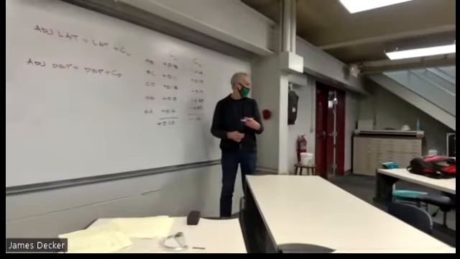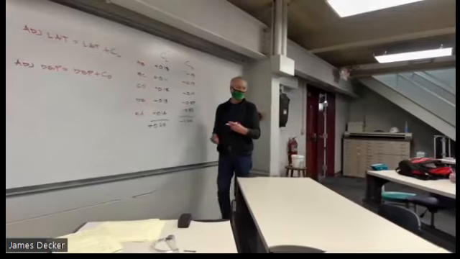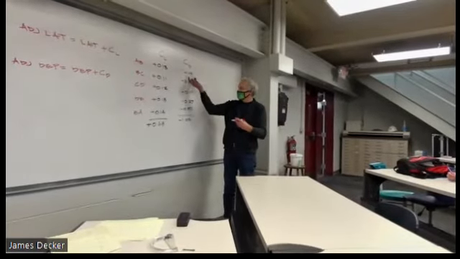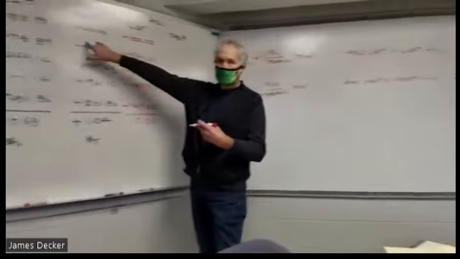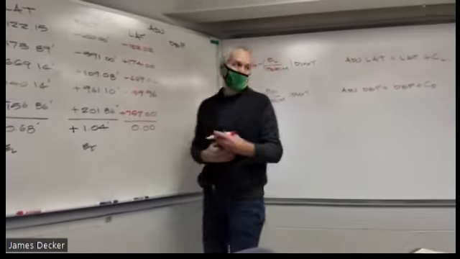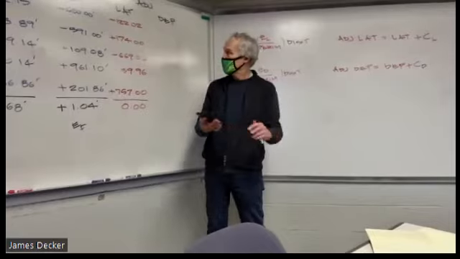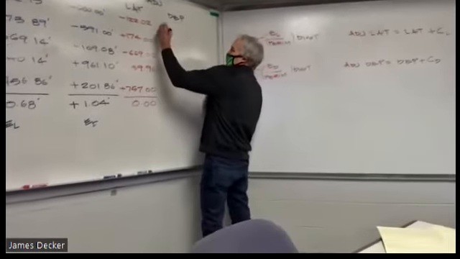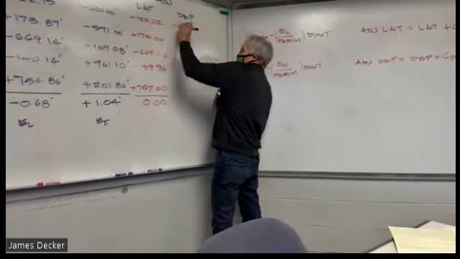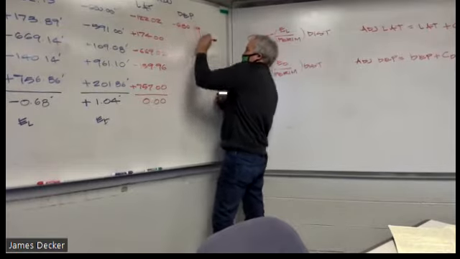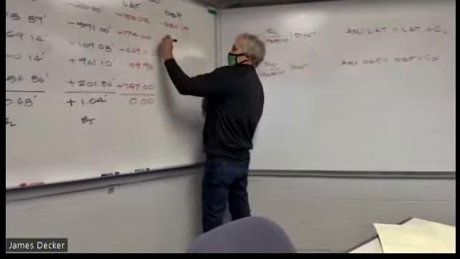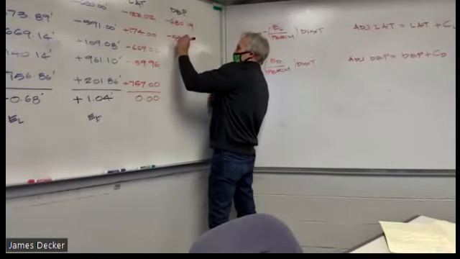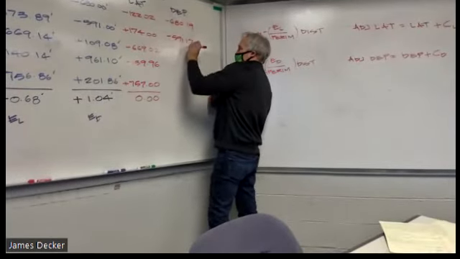We're doing all right? So we're going to do the same thing with the departures. We're going to take the correction to departure plus the departure. And again, you're adding them algebraically. So this one's going to go to negative 680.19. The next one's going to go to a negative 591.17.